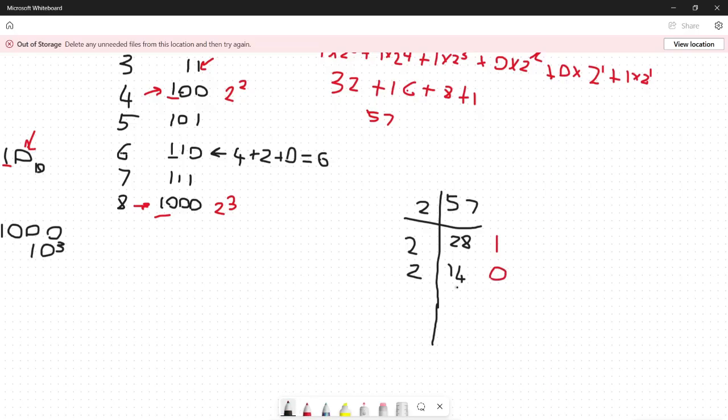Divide by 2 again gives us 7 with a remainder of 0. Divide by 2 again gives us 3 with a remainder of 1. Divide by 2 gives us 1 with a remainder of 1. And then divide by 2 one more time. Well, that just leaves us with 0 and a remainder of 1.